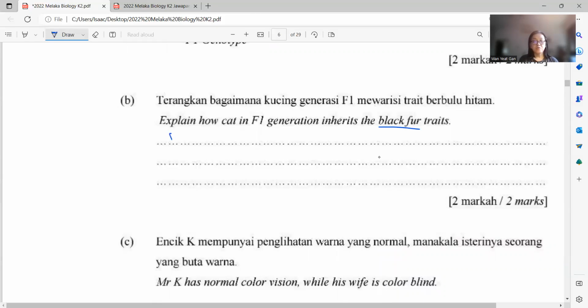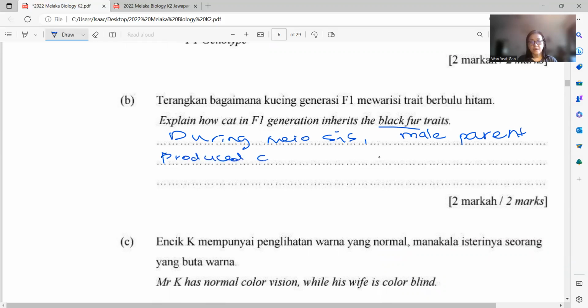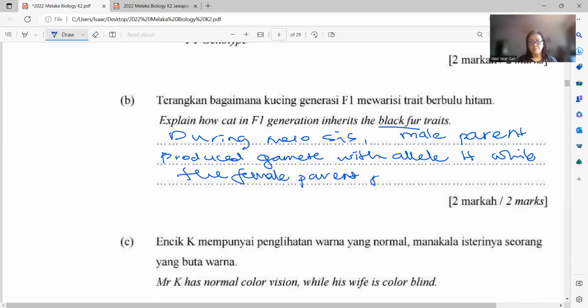Okay, so this happens during meiosis, when the male parent can produce gametes with allele H, while the female parent produces gametes with allele h.